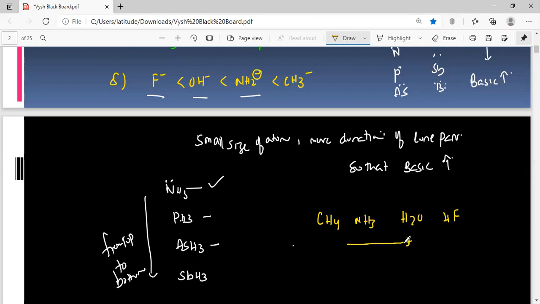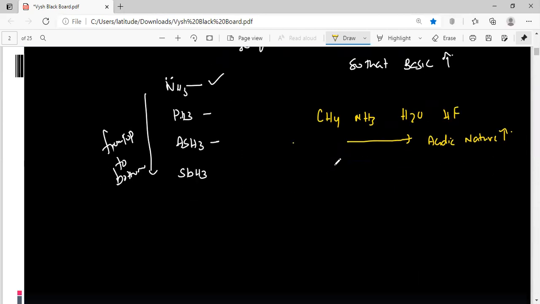From left to right, acidic character increases. Whenever we are taking the conjugate base of this, look, acidic character increases means this is the strongest acid.